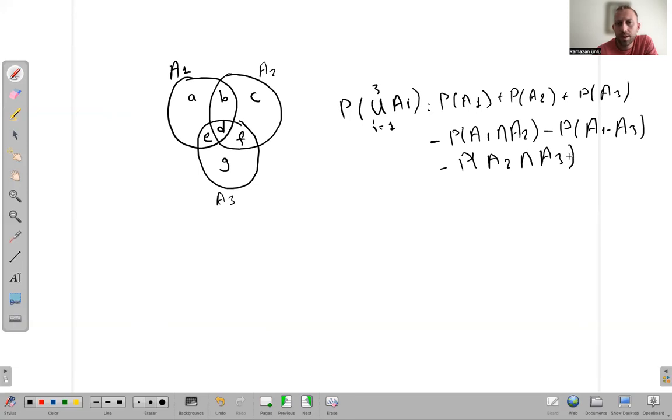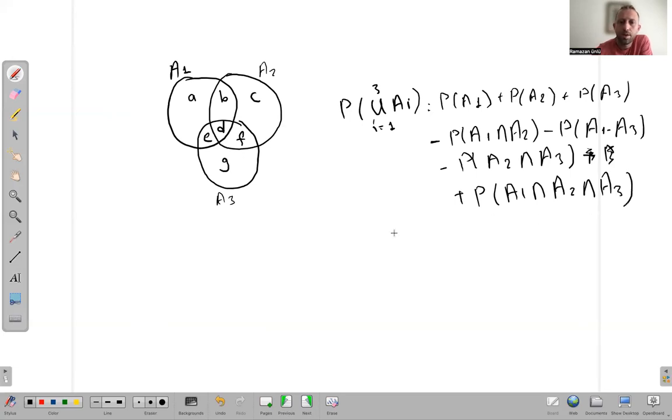And the last one is plus the 3-event intersection, so plus the probability of A1 intersect A2 intersect A3.